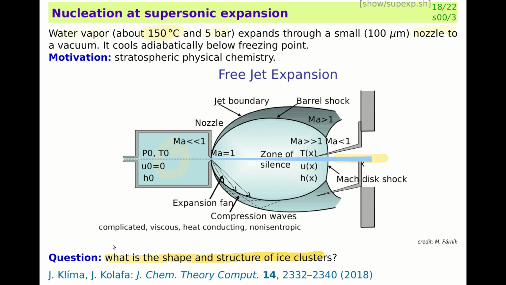So that's why we tried a simulation of this process, a direct simulation of expansion of gas into a high volume. It's called supersonic expansion because the speed of this jet is higher than the speed of sound.